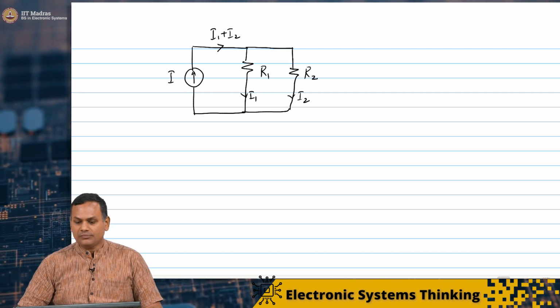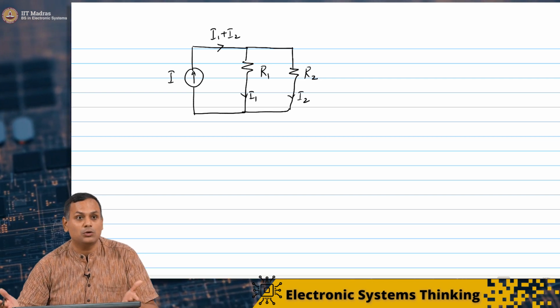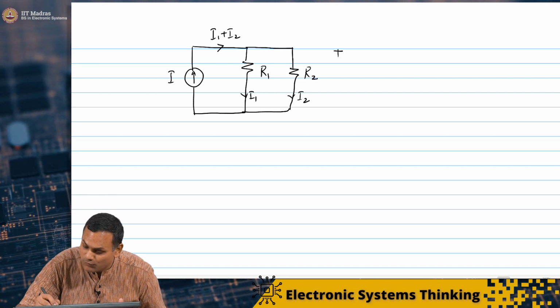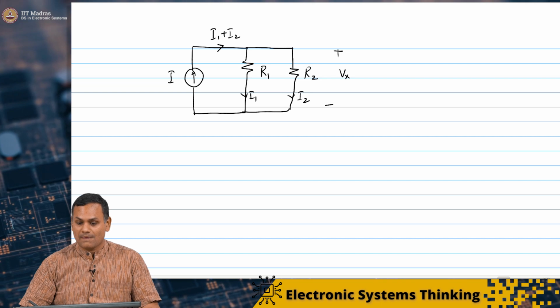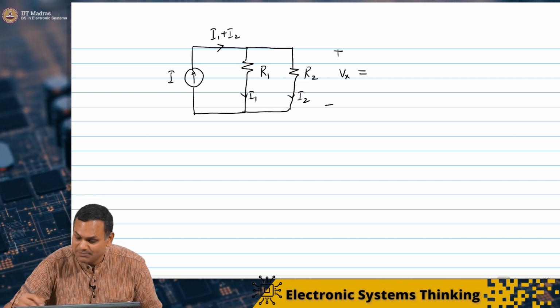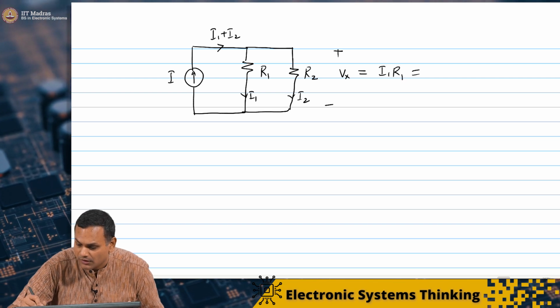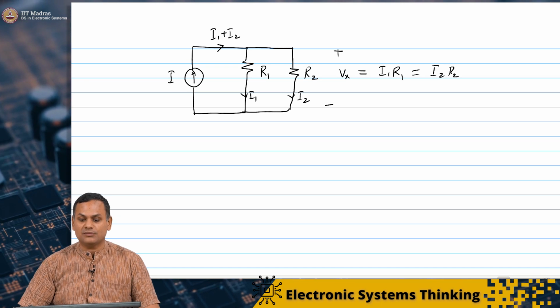And the second thing you can say is that because R1 and R2 are in parallel, they have the same voltage Vx across them. What is that voltage Vx? Vx simply is either I1 R1 or I2 R2, they are both equal by definition.